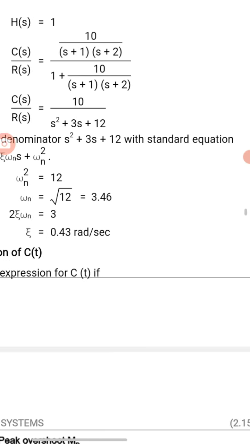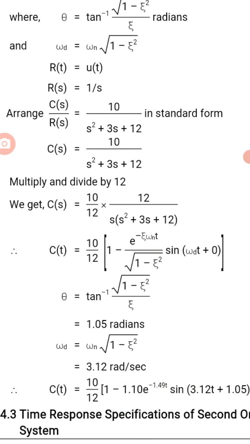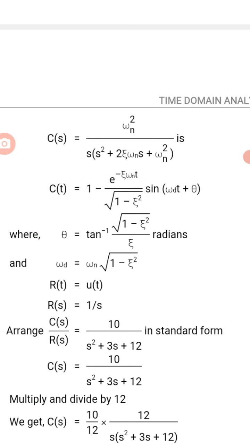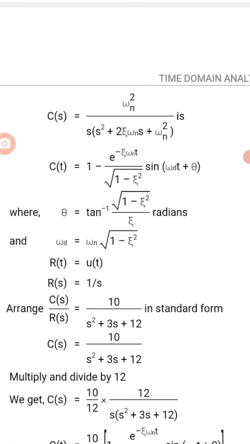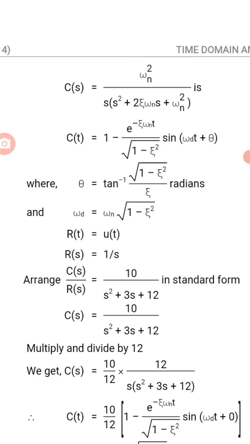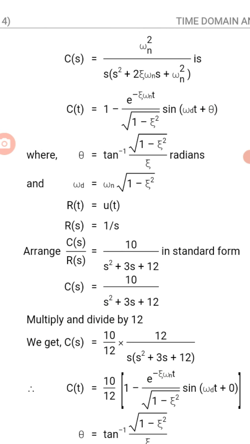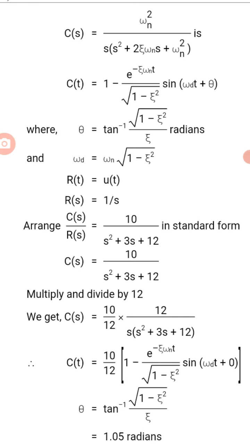Calculation of C of t. The standard expression: if C of s is equal to omega n square upon s into bracket s square plus 2 zeta omega n into s plus omega n square, then C of t is equal to 1 minus e raised to minus zeta omega n into t divided by square root of 1 minus zeta square, into sine omega d t plus theta, where theta is equal to tan inverse square root of 1 minus zeta square upon zeta radians, and omega d is equal to omega n square root of 1 minus zeta square.